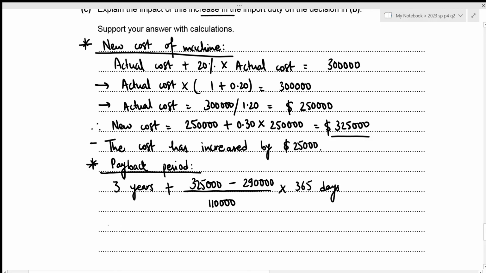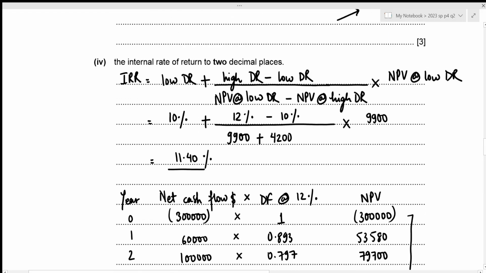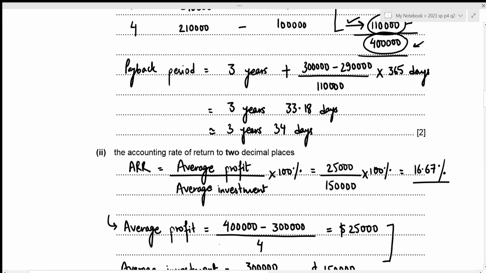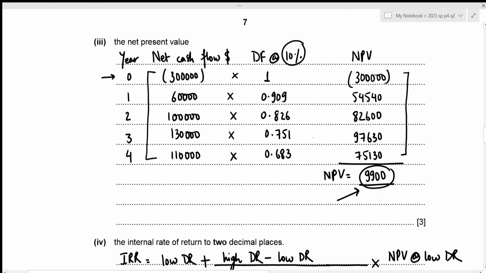And this gives our payback period to be 3 years, and the number of days will be 325,000 minus 290,000 divided by 110,000 times 365, which results in 116.15 days. And we need to round it off. So that is going to be 3 years and 117 days. Okay, let's have a look above. Previously, our payback period was 3 years and 34 days, but now it has increased. So let's figure out the increment.